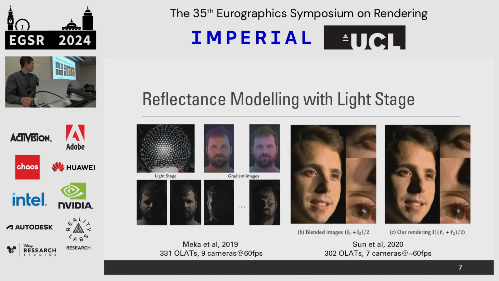Note that the previous work done on reflectance modeling all requires data captured from a light stage. In their case, they would require a light stage with around 300 individual light sources with multiple high-speed cameras capturing at 60 FPS. Compared to that, our work needs 4 monitor screens and consumer-grade cameras that capture at 3 FPS.